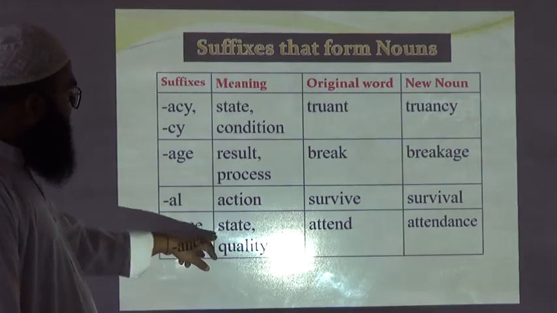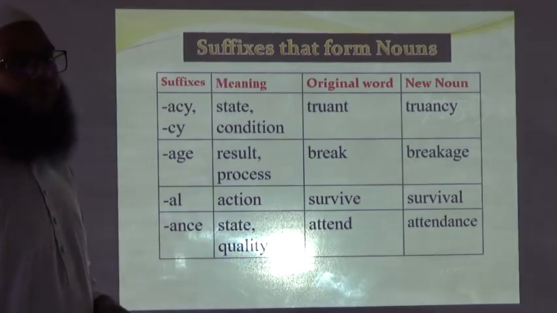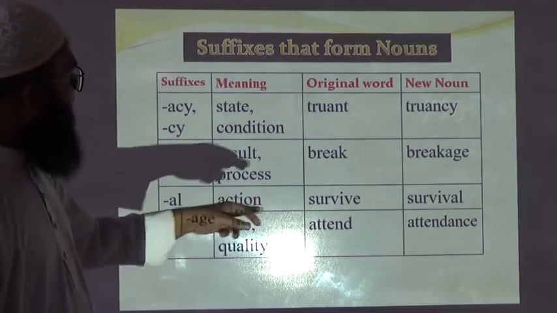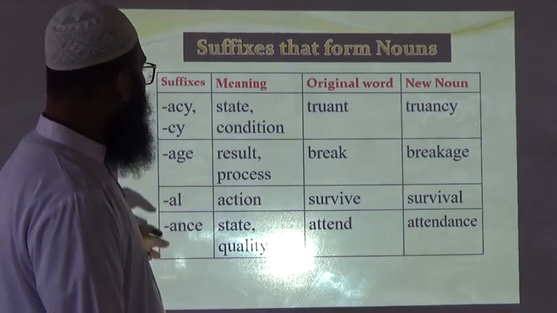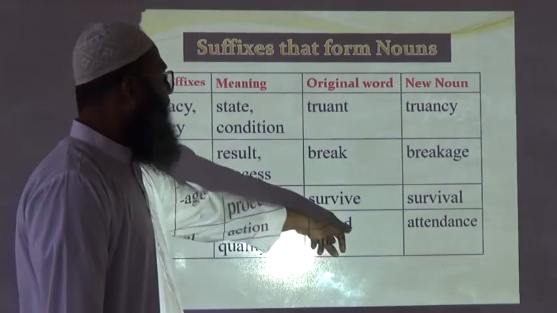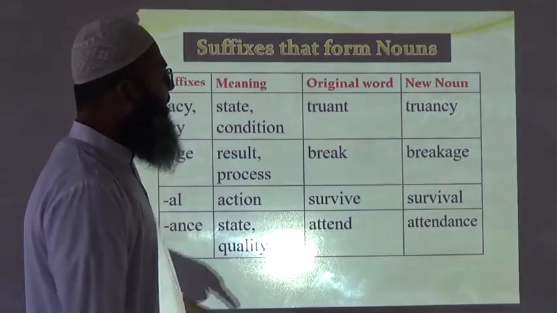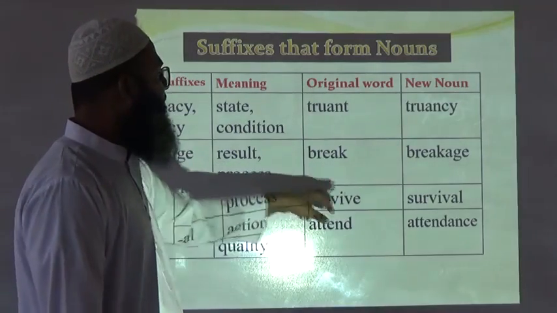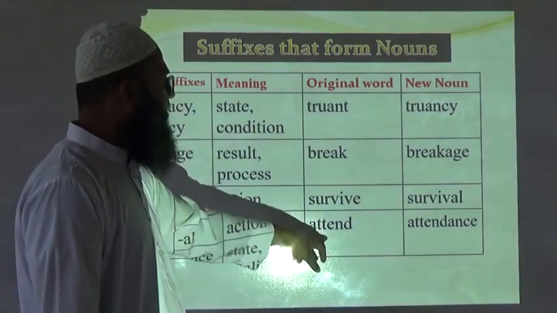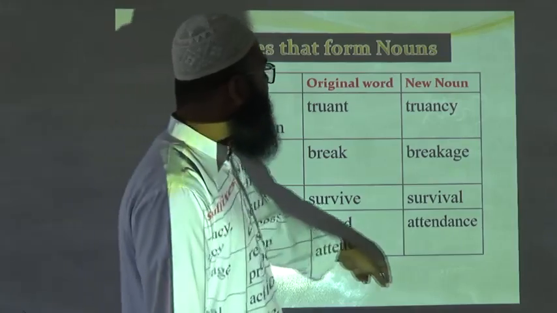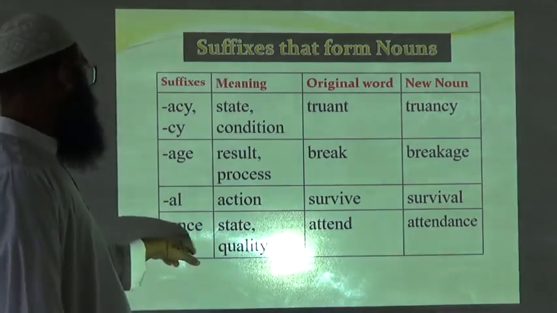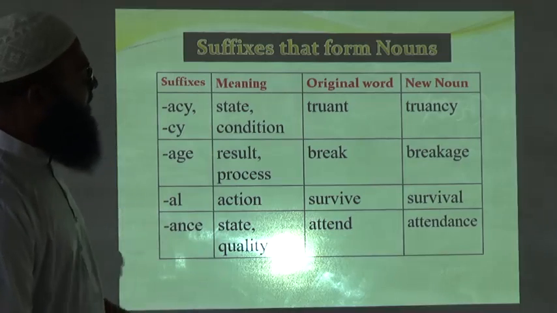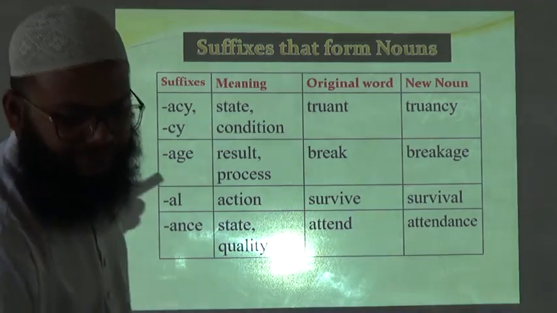ANCE, its meaning is state or quality. Like the example, attend. From attend, if we add ANCE after attend, then it will be attendance. Attendance means being present. Attend is a verb, and the verb becomes a noun by adding the ANCE suffix.